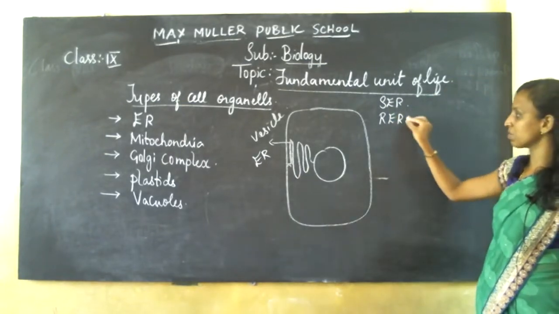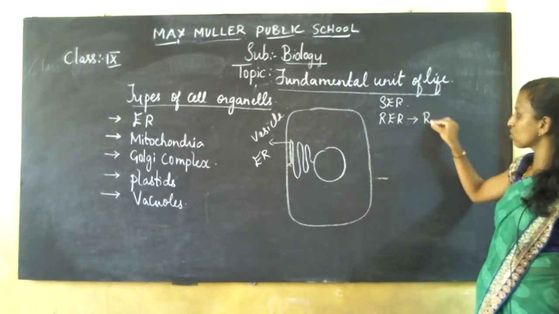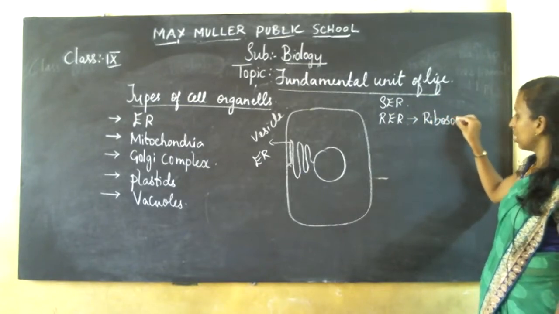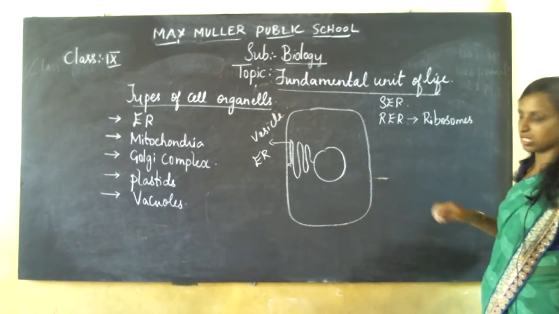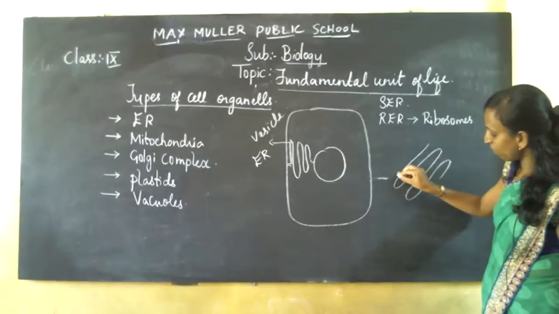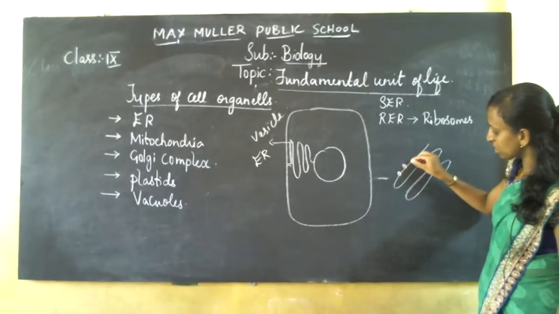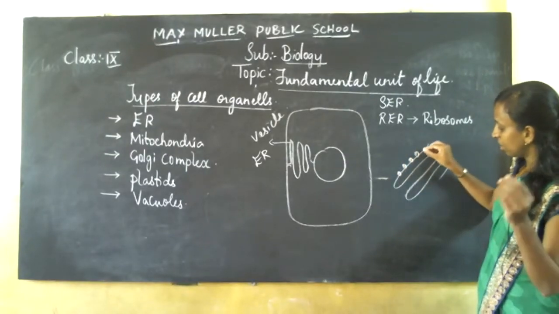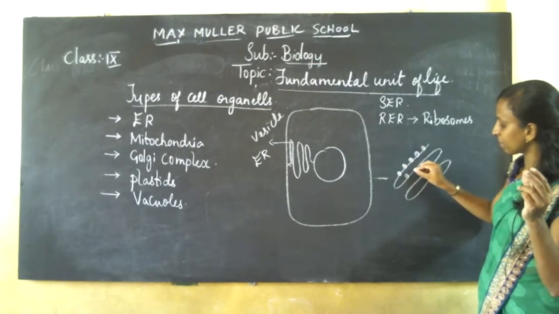In the rough endoplasmic reticulum, ribosomes are present. So this is the zigzag shape I have drawn. On top of that, if you observe under the microscope, you can see small bubble-like structures, just like a rough surface.